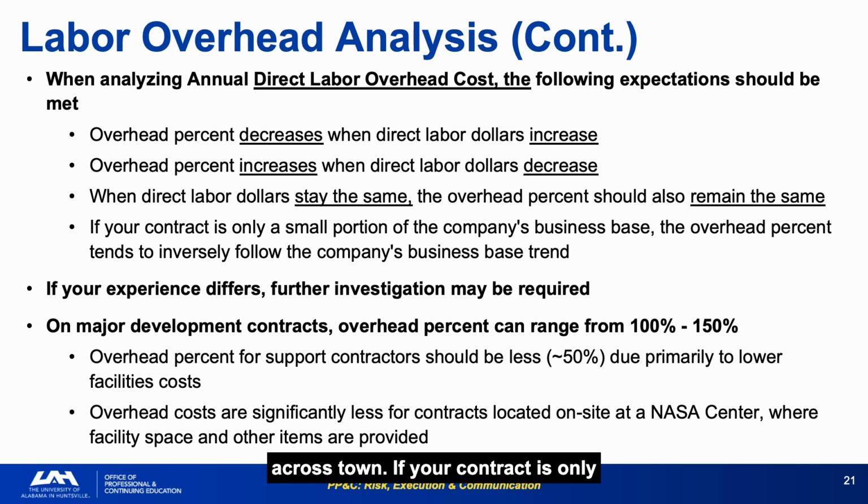If your contract is only a small slice of the contractor's total business, their overhead rate follows their total book of business, not yours, a fact that creates risk when they win or lose other contracts. Know how large your contract is relative to the contractor's total base. If you're a major customer, changes in their overhead rate are largely driven by you. If you are a minor customer, you are along for a ride you do not control.